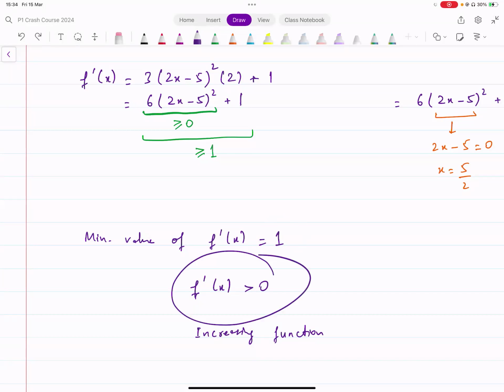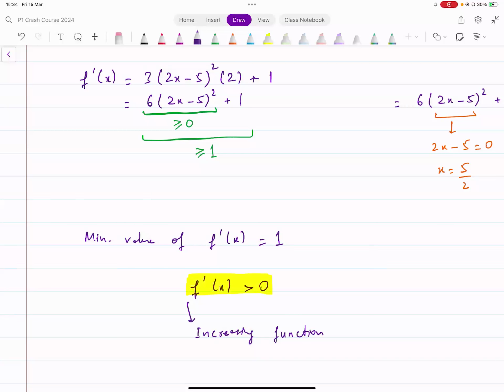That means f dash of x is greater than 0. It's an increasing function. This part is very important. You have to mention that the derivative is positive. Since the derivative is positive, that is why it's an increasing function. So after finding the derivative, you basically say the derivative is greater than 0. That is why it's an increasing function.